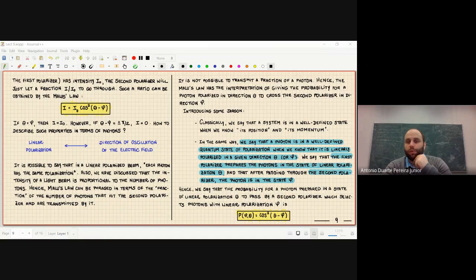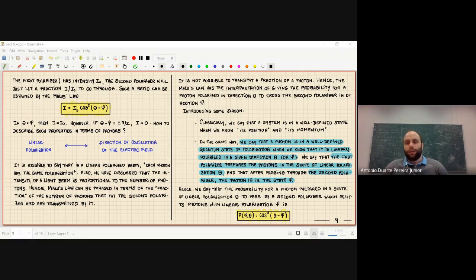Yesterday we were discussing polarization of light, and in particular, we had a discussion on how to describe polarization in terms of electric fields, considering light as an electromagnetic wave. Then we wanted to describe the same physical phenomenon, but now treating light as a beam of photons.